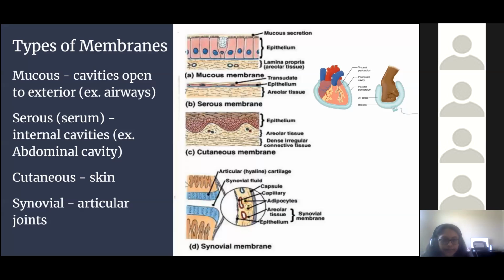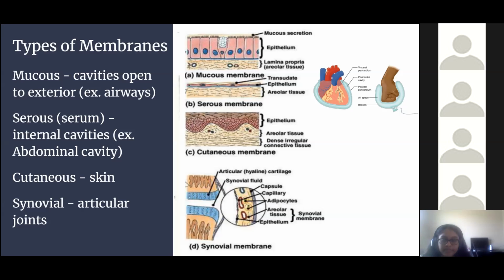So another type of membrane is the serous membrane. Oh, is anyone asking for me to slow down or something? Mucous membrane? It's on the slide. So the serous membrane covers different types of organs in your body.